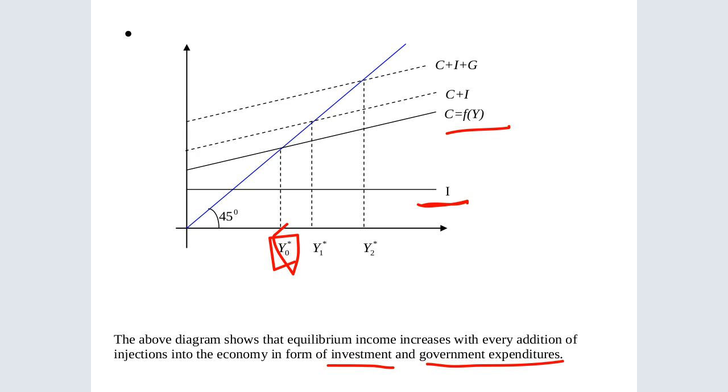If we add another variable, which is investment by firms, represented by I, you see the equilibrium income moves from Y0 to Y1, and this line, which is the aggregate expenditure function, shifts upwards. If you add the government expenditure, it will also shift to another level. So we have these equilibrium levels, which represent different levels of income.